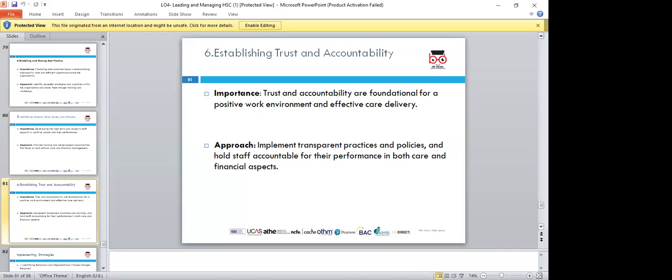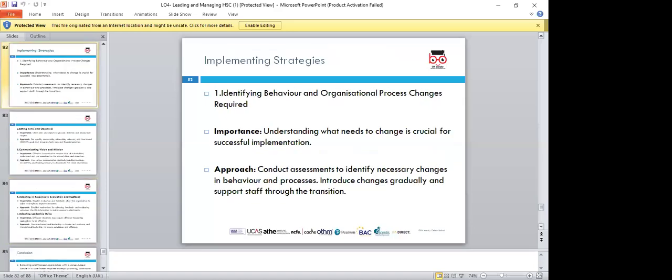Importance: trust and accountability are foundational for a positive work environment and effective care delivery. The approach: implement transparent practices and policies and hold staff accountable for their performance in both care and financial aspects.